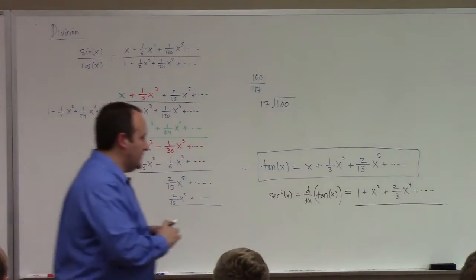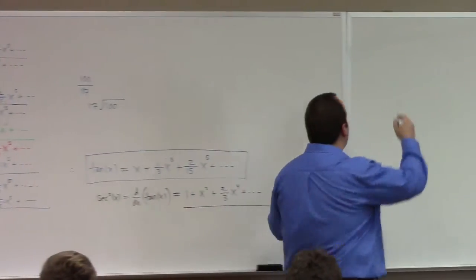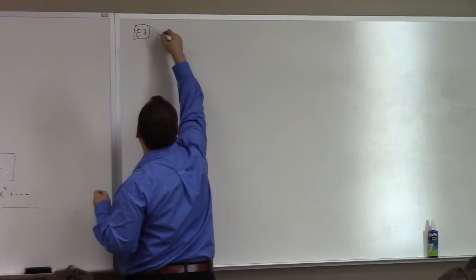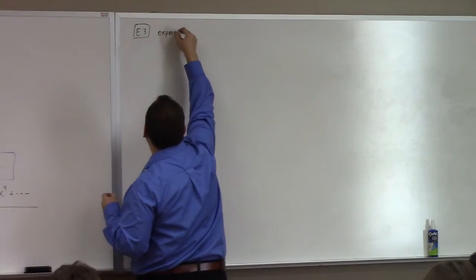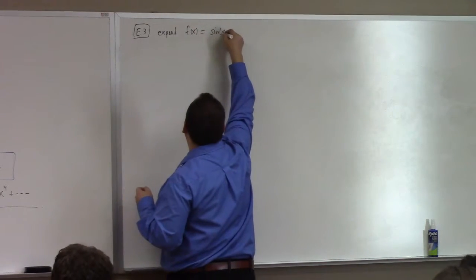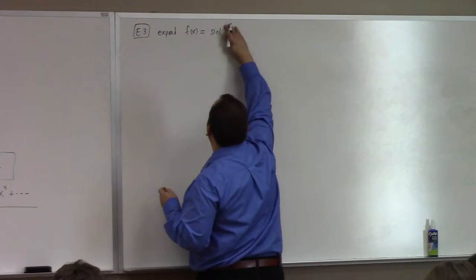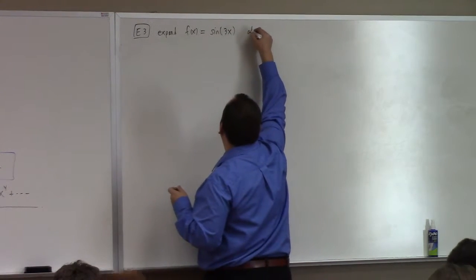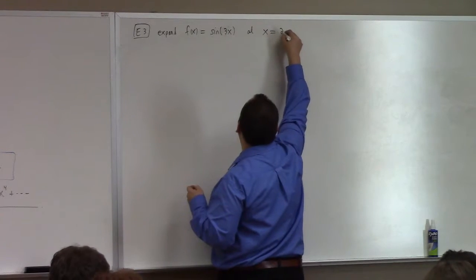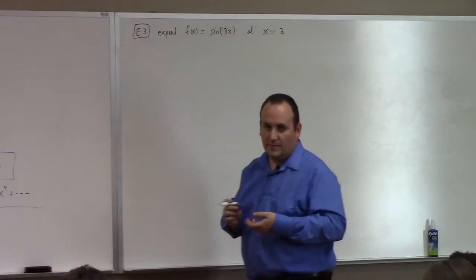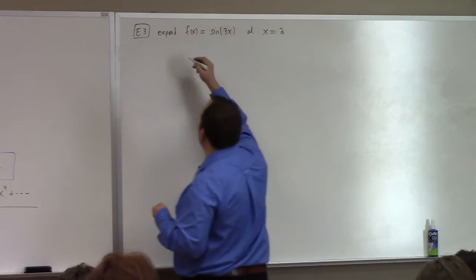All right, well, let me show you another example. So let's say expand f of x equal to the sine of x. I'll make it more fun. Let's make it the sine of 3x at x equals 2. Now you could use Taylor's theorem here, but I like to do it the following way.